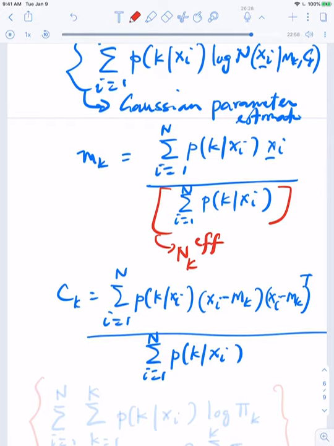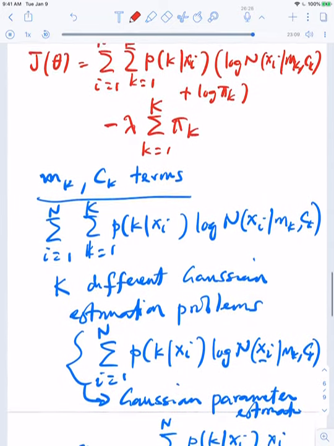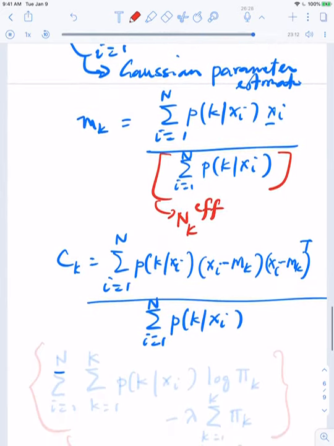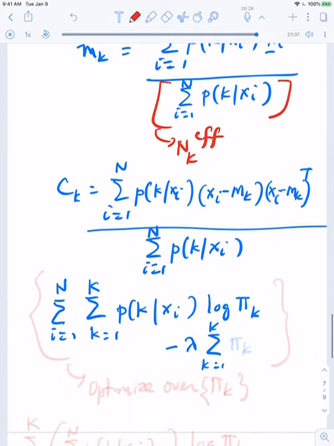If we go back to the J of theta expression and read off which parts the component probabilities depend on, it is summation i equals 1 to n, summation k equals 1 to K, p of k given xi log of pi k, minus lambda summation k equals 1 to K pi k.